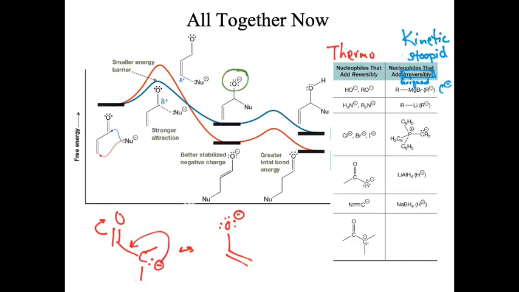Okay? There's another negative carbon that we could throw up on there. The acetylide. Okay? When we get into carbons with those negative charges, sometimes they add reversibly, sometimes they add irreversibly. So you have to walk that line a little bit more carefully, which means you ultimately have to have that line kind of memorized.